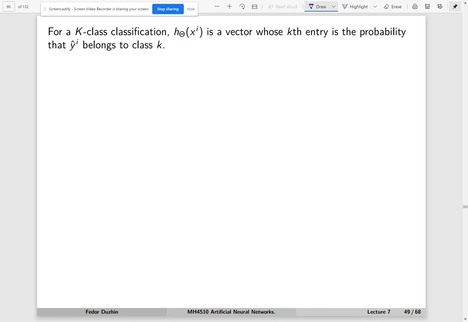And this softmax function helps us come up with an artificial neural network that is going to do multi-class classification. So for a k-class classification, let me use h_theta of x_i to denote the vector whose kth entry is the estimated probability that y_i hat belongs to class k.